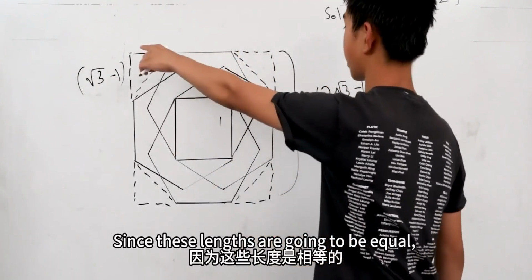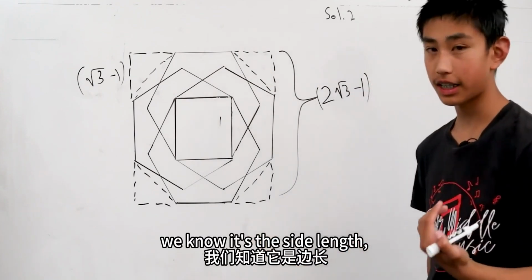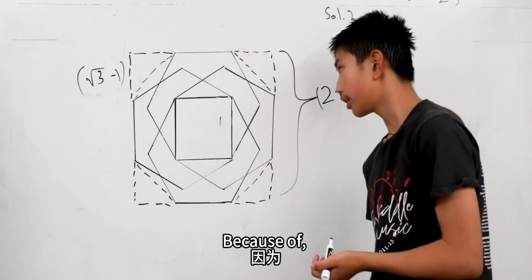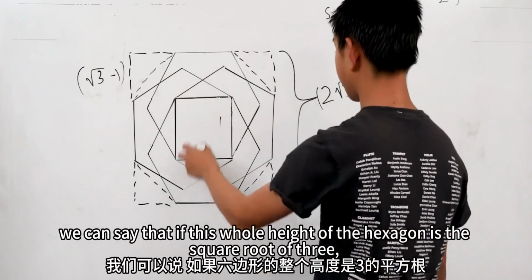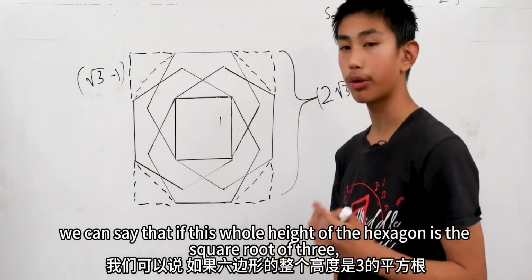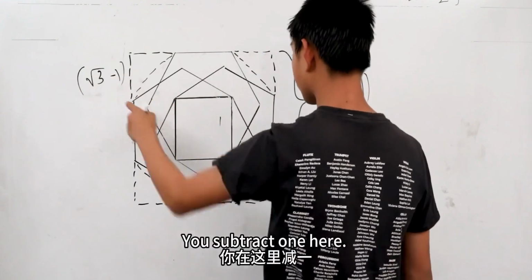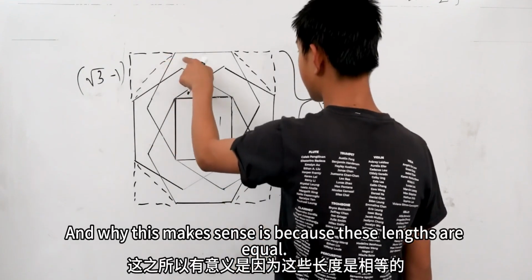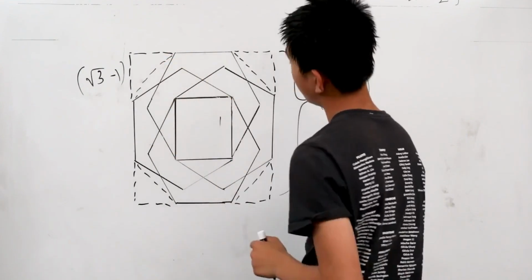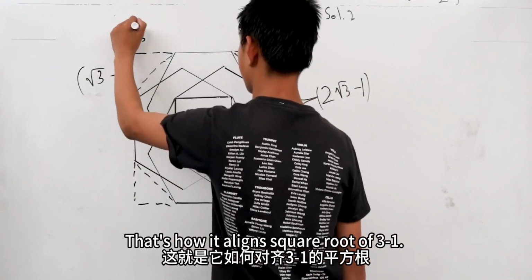And since these lengths are going to be equal, we know the side length is the square root of 3 minus 1, because if this whole height of the hexagon is the square root of 3, you're overcounting this part, and so you subtract 1 here. And this makes sense because these lengths are equal. So that's how it aligns, square root of 3 minus 1.